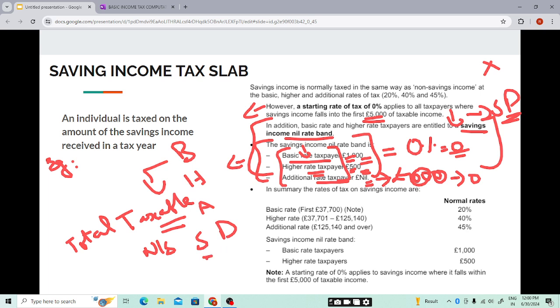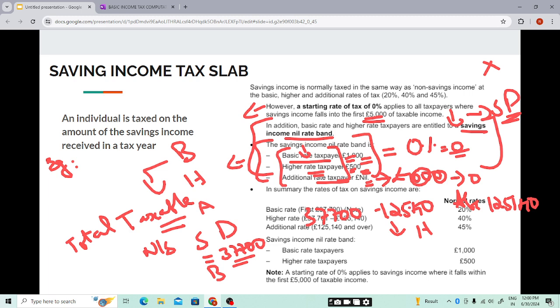If the total taxable income is within the limit of 37,700, he will be a basic rate taxpayer. If it is between 37,700 and 125,140, he will be a higher rate taxpayer. Above 125,140, he will be an additional rate taxpayer. You must see what is the total taxable income to determine the saving income nil rate band available to an individual.